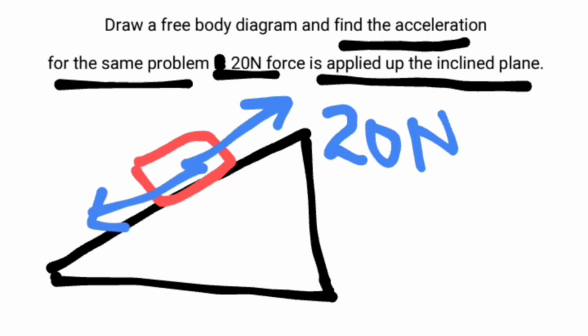As we know, there is mg sine theta down the inclined plane, and there is mg cos theta, and there is normal force, okay? So the forces will be 4. And as I told you, when we draw a free body diagram, we can consider the box to be a point-like object, okay?